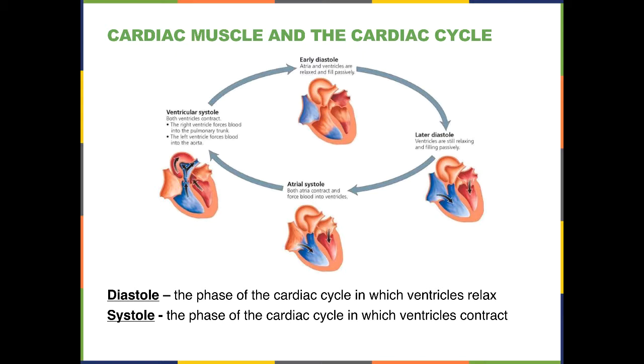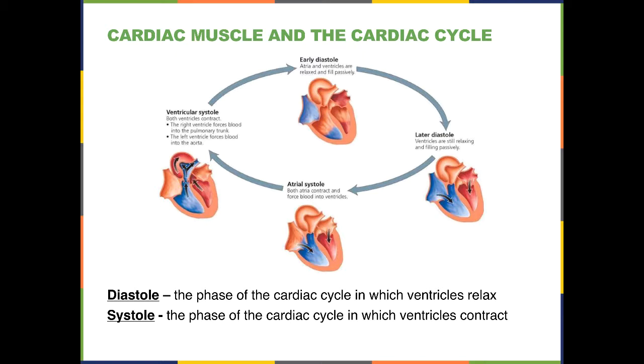Then at the end of that, the first part of the systole, as we said, because the pacemaker is in the atria, the two atria contract first. And that's called atrial systole. And that pushes the last 10 or so percent of the blood into the ventricles and puts all of the blood that's going to be sent out into the ventricles.